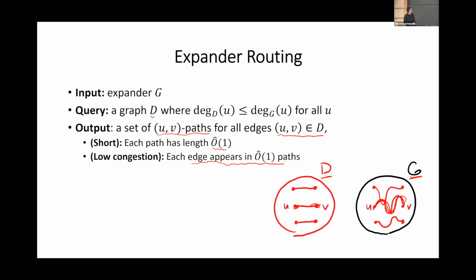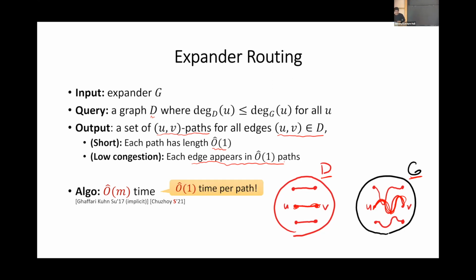With this relaxation, it turns out that you have an algorithm that spends just linear time in the size of this graph and returns this set of m paths. Note that the number of edges in D can be as big as m, right? So you really return m paths in m time. So that's nice.